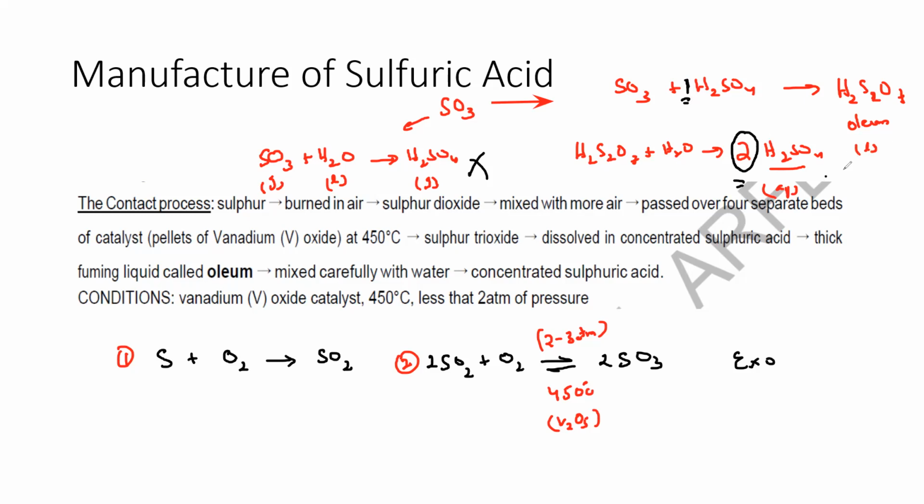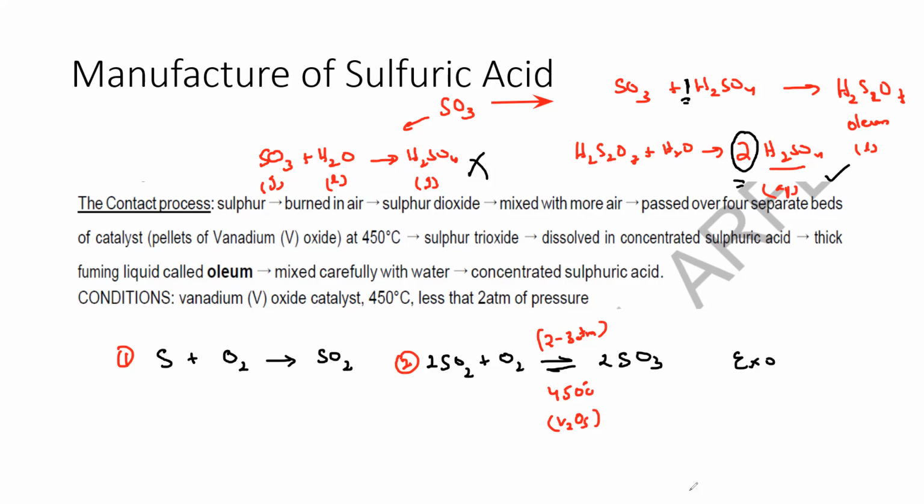So the advantages of using the second route as compared to the first one: number one, it produces aqueous sulfuric acid. Number two, the reaction is not as violent as the first one, as the vapors of the sulfuric acid are difficult to remove from the mixture.